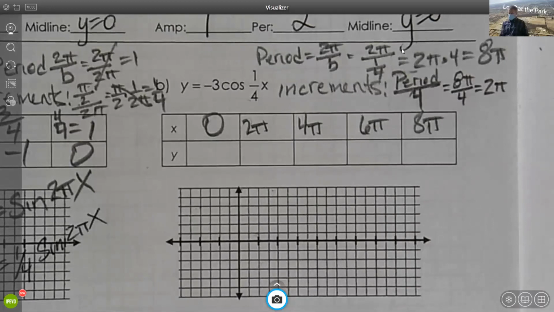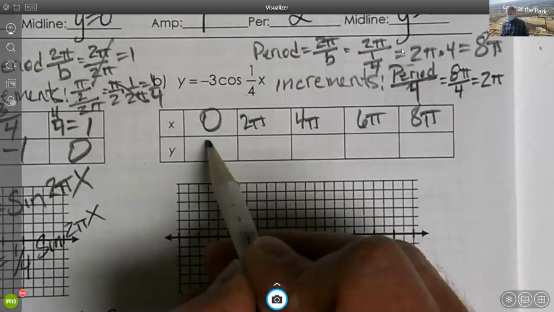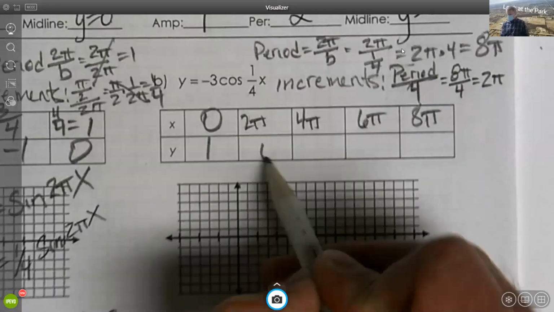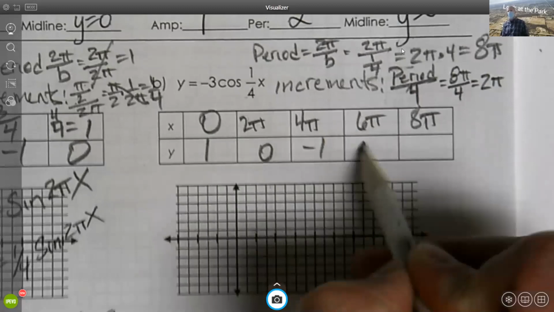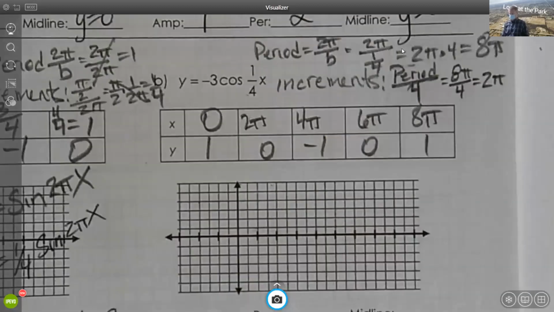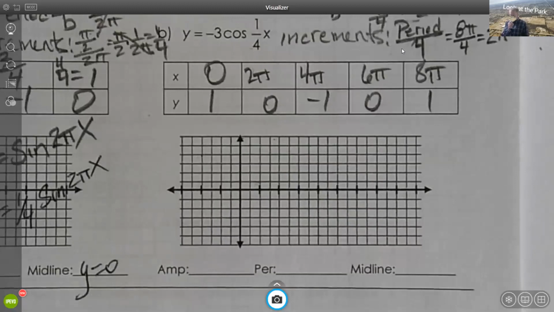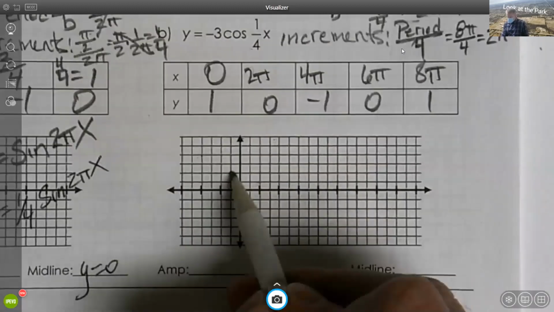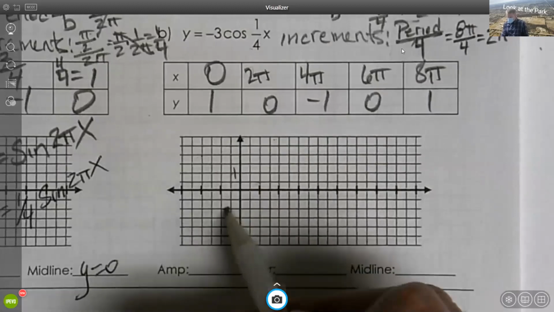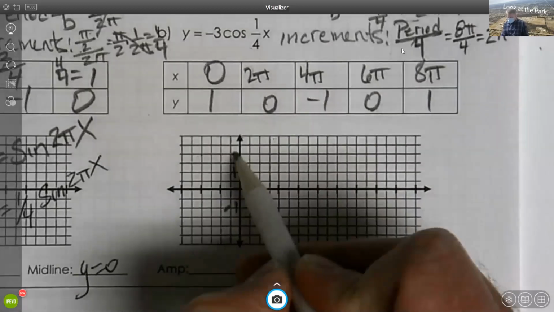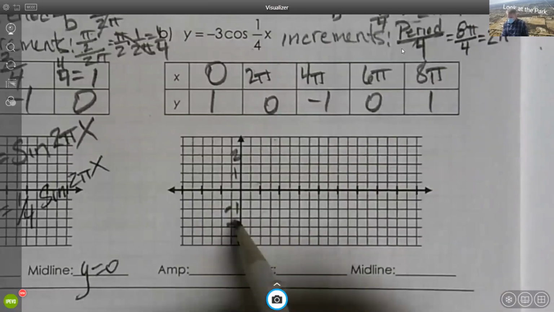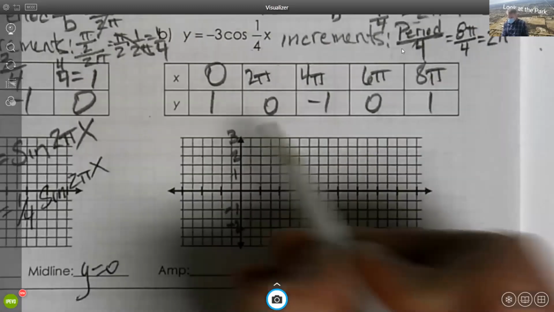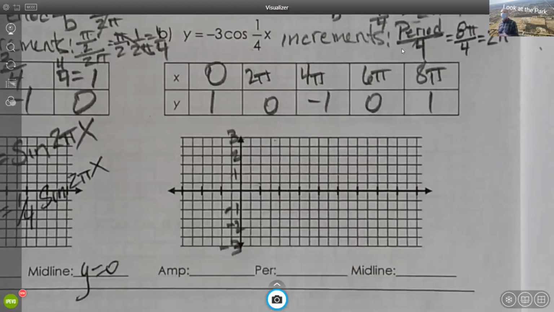You know that the sine graph typically goes with 1, 0, -1, 0, and 1. If we're going to stretch this by 3, maybe I can get away with going a scale by 2s. So then this would be 2 and -2 and 3 and -3. So I have to plan ahead a little bit.